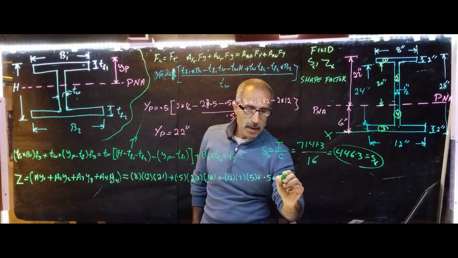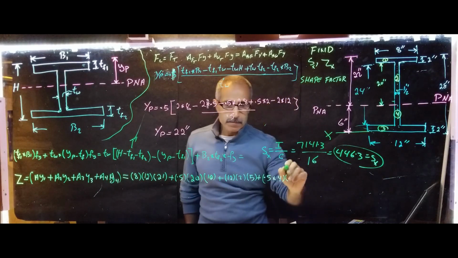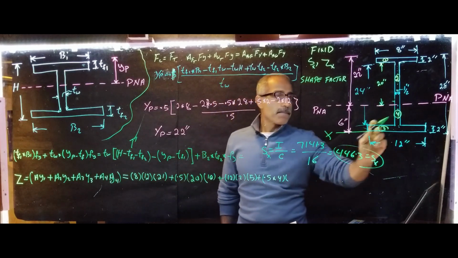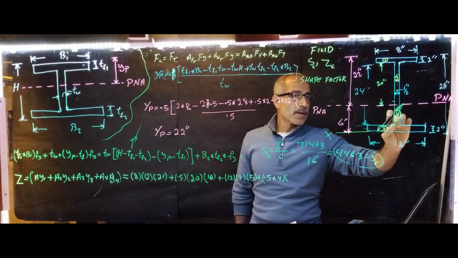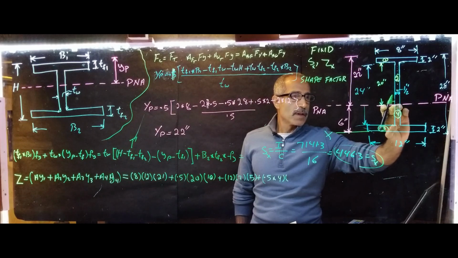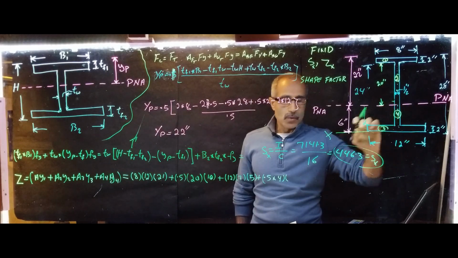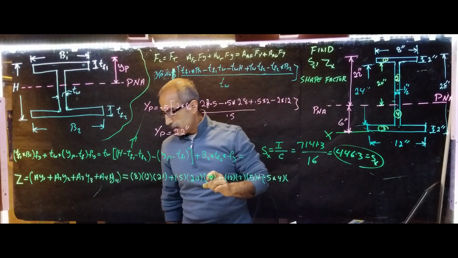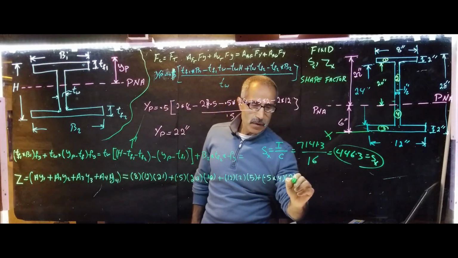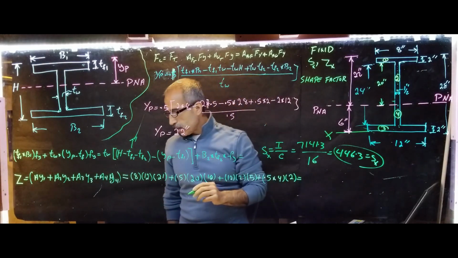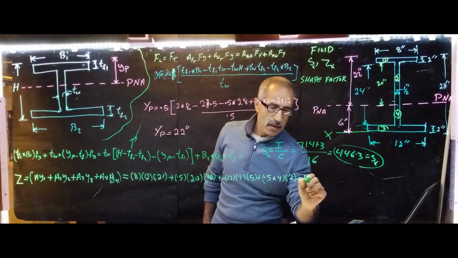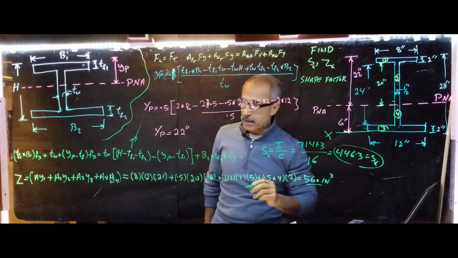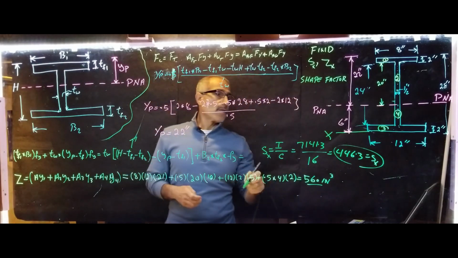And then multiply that by the center of this, which if this is a 4, is 2. Times 2. And if you calculate all these numbers, it should come out to 560 inches cubed. That's your Z.